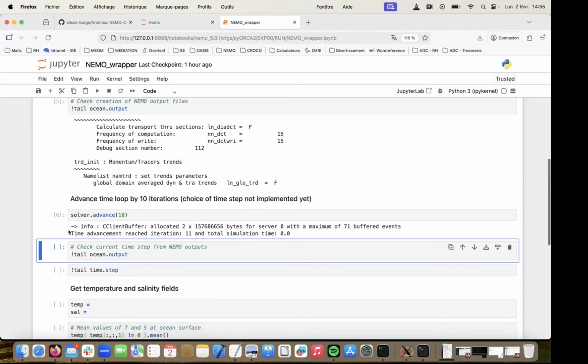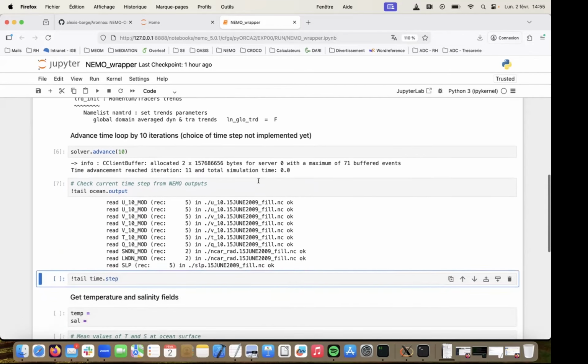So we have now some information about the NEMO state. Time advancement has reached iteration 11, so it is ready to start the computation of iteration 11, and simulation time is 0 because it's still a prototype and some features are missing.